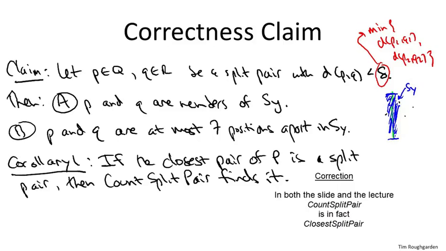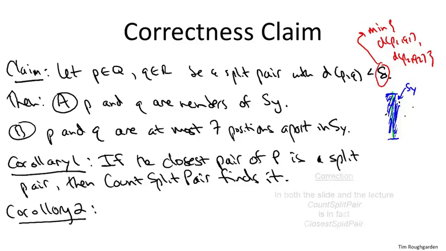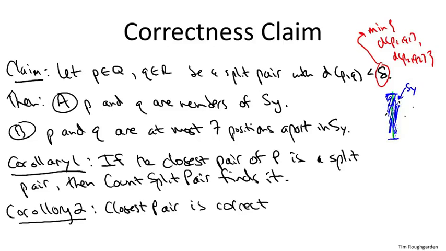So if you have an interesting split pair of points, meaning it has distance less than delta, then they will in fact be at most 7 positions apart. Therefore, count split pair will examine all such split pairs, all split pairs with distance less than delta, and just by construction it will compute the closest pair of all of them. So again, in the unlucky case where the best pair of points is a split pair, this claim guarantees that the count split pair will compute the closest pair of points.